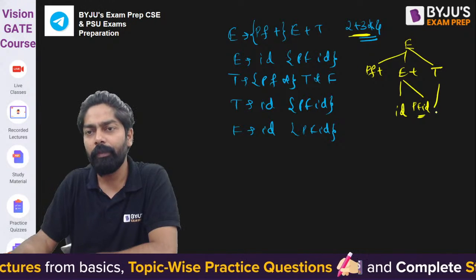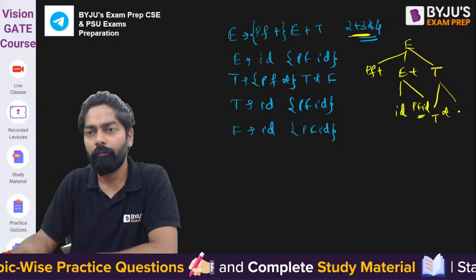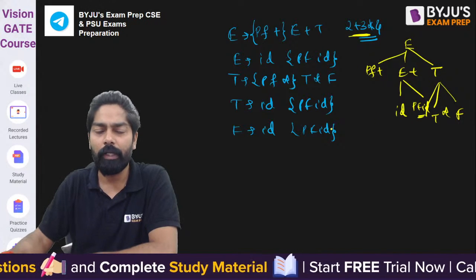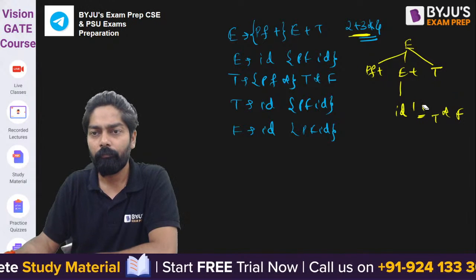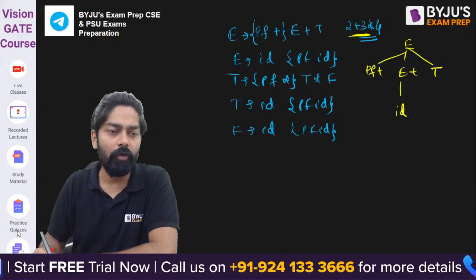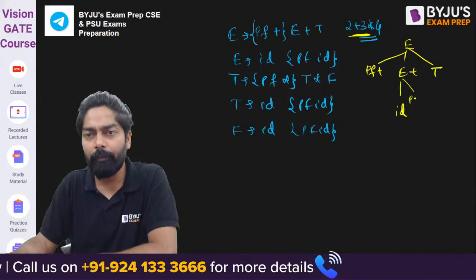What is this one? T goes to T star F. Here we need to print a star. I don't have space here, let me remove this. I just want to make one point, that's why I have taken this example. E goes to ID, and here I am writing printf ID.